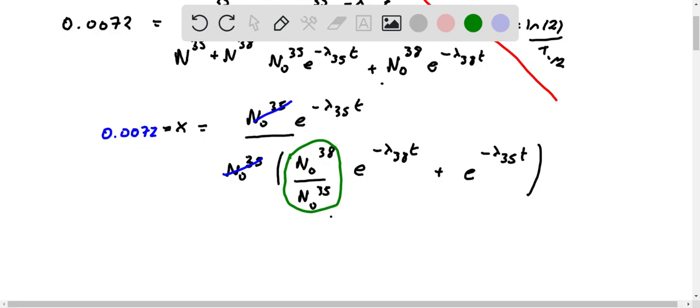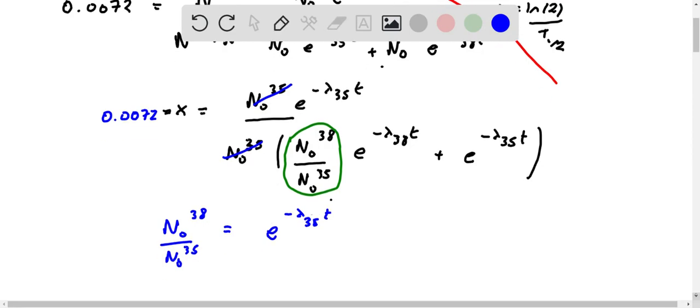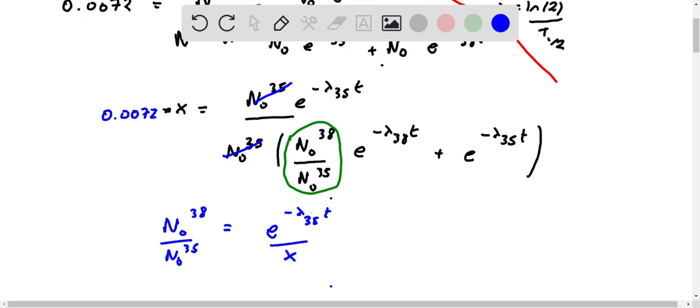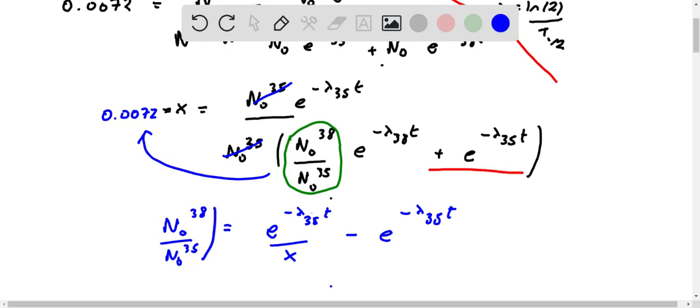So we can do some manipulation again and get that N0 238 over N0 235 is equal to e to the power of minus lambda 235 t divided by x minus e to the power of minus lambda 235 t. So yeah, there's just some algebraic manipulation there. I've multiplied this side up here and brought this term to the other side of the equals, and I should have an e to the power of minus lambda 238 t here.